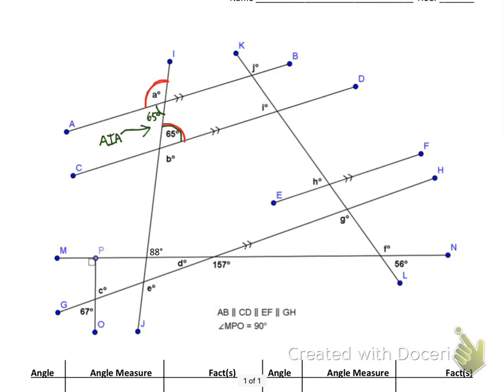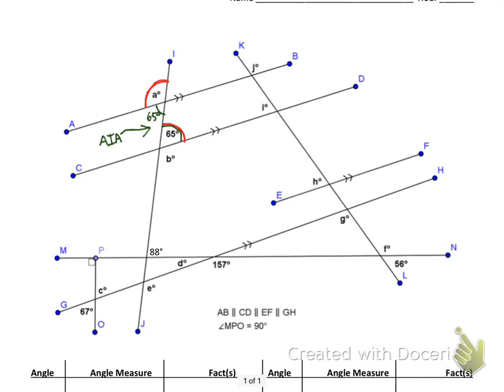So now we've got 65 degrees, and we've got angle A right next to it. What angle relationship can you notice with that one? Same side. They are on the same side, but in this case, they're also right next to each other. Linear pair.